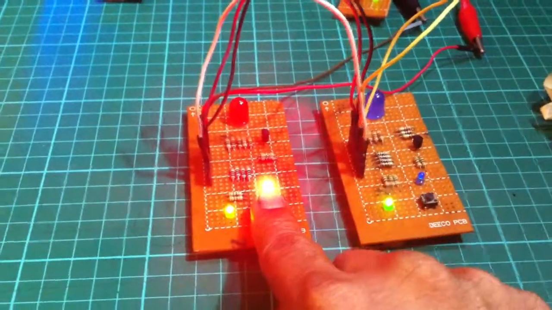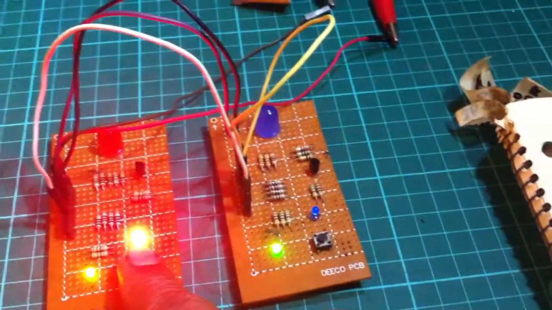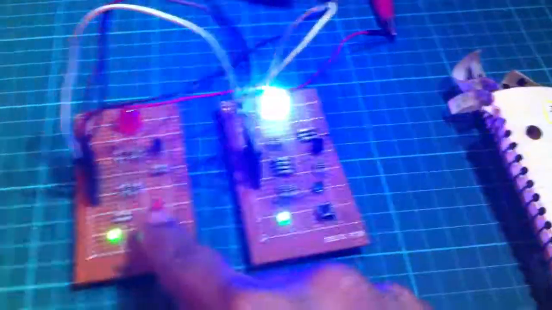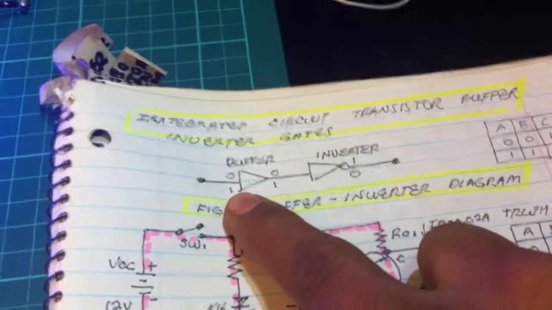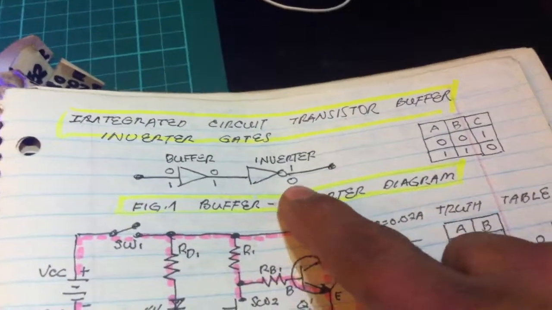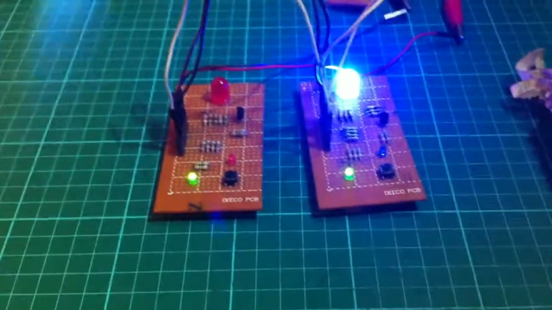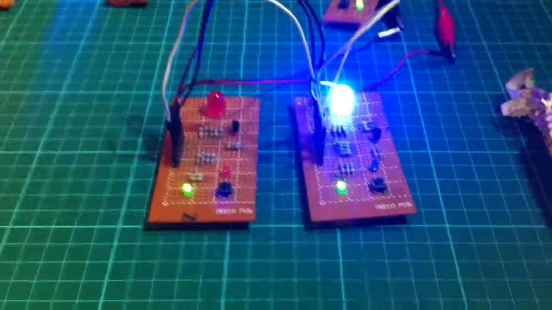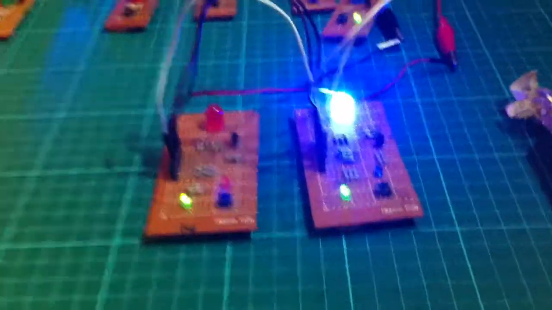Now we have this input LED 1, and then the output here is 0. We have the input 1 by pushing the switch, the button, and then the final output is 0. 1, 1, 0. So we have now an integrated circuit using a buffer and an inverter, transistor, logic gates.